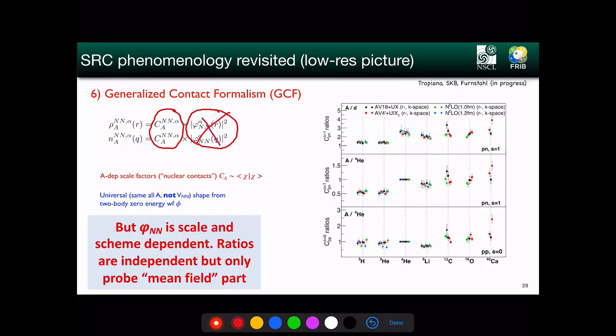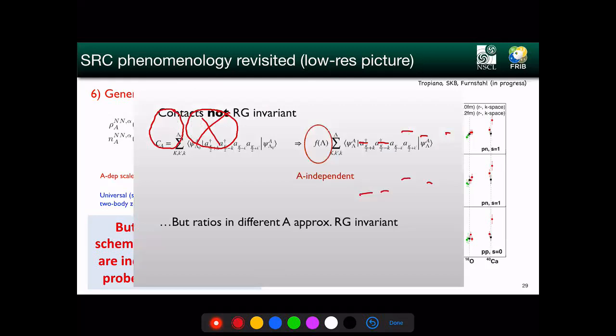And so what's left is a ratio of these contacts in different nuclei. And there, what you find is that these ratios are indeed, to a good approximation, scale and scheme independent, even though the contacts themselves are scale and scheme dependent. And so how can you understand that?